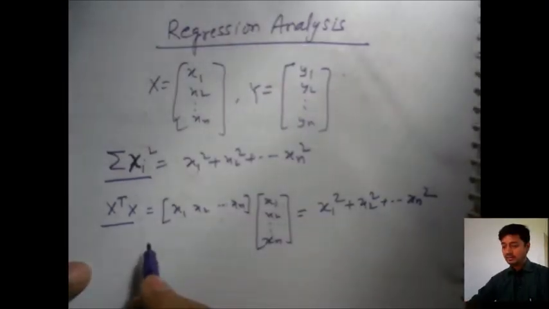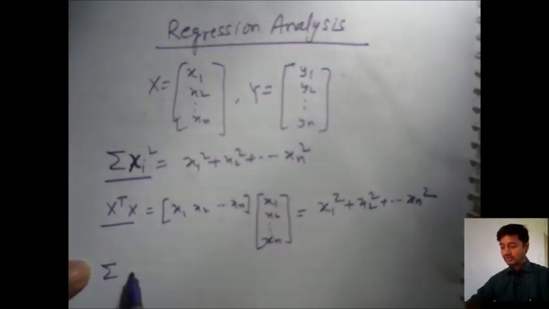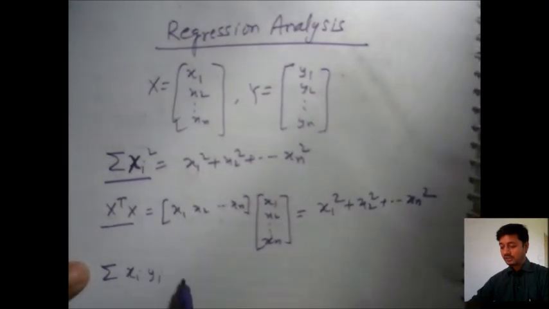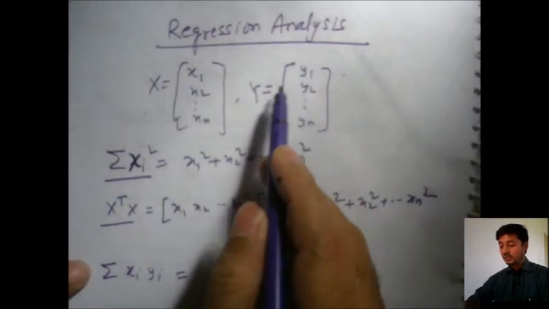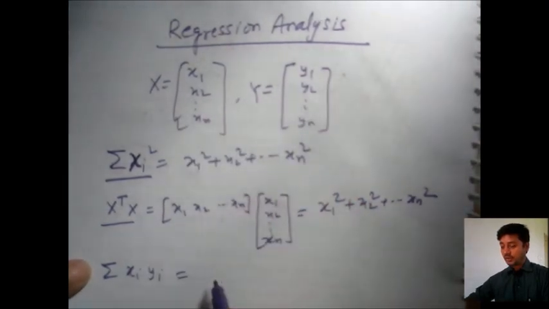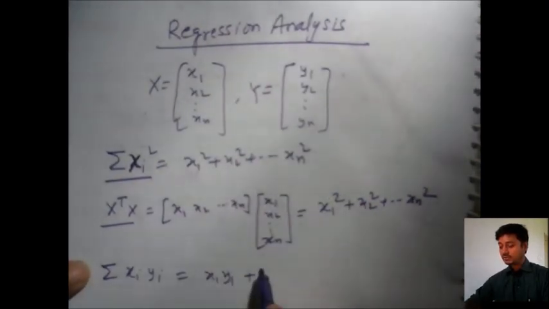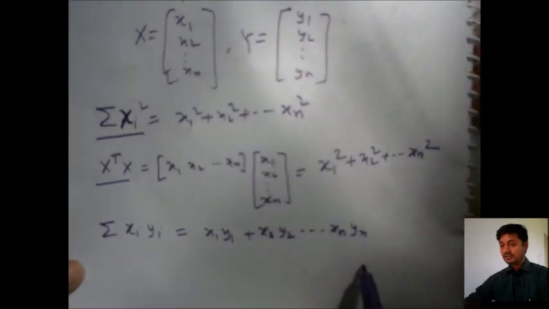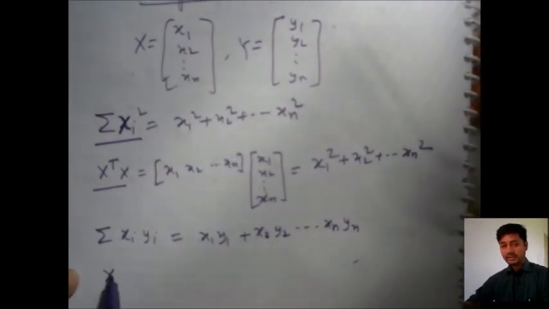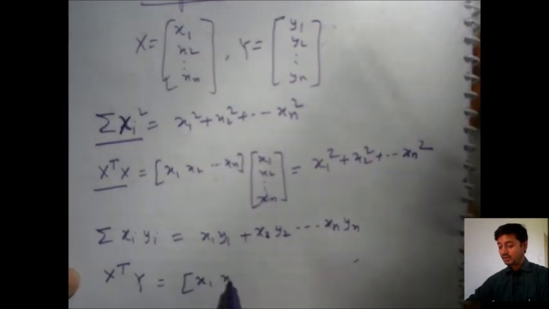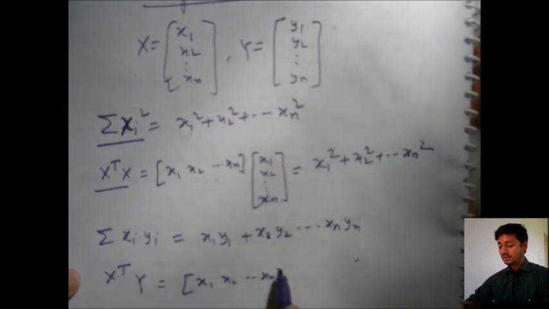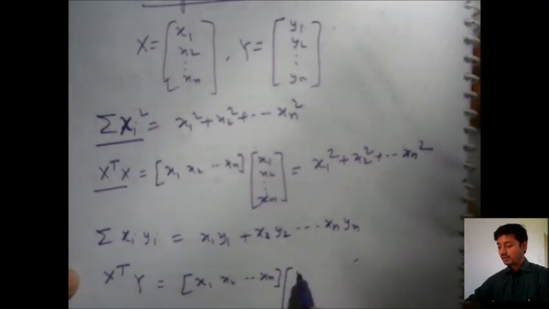Similarly, if you do sigma of xi yi, that is nothing but multiplying these two vectors element wise, so x1 y1 plus x2 y2 up to xn yn. The same we may get by doing x transpose y, so that is x1 x2 xn times y1 y2 yn.